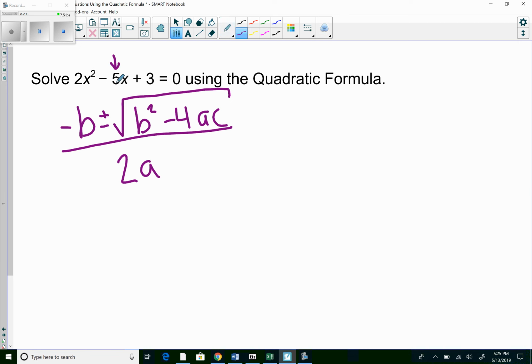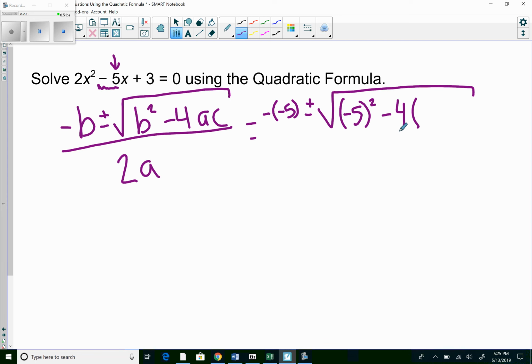Take all of your terms and plug them in. Notice how I said opposite b? Because right now you have -5, so it's the opposite of -5. Then you've got plus or minus the square root, again your b term, so that's -5 squared minus 4, your a term is 2, your c term is 3, and that's all over 2 times a.